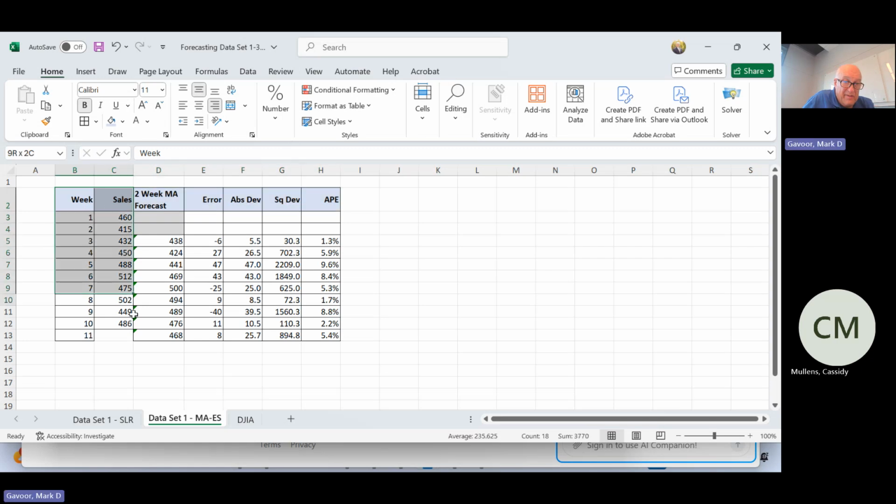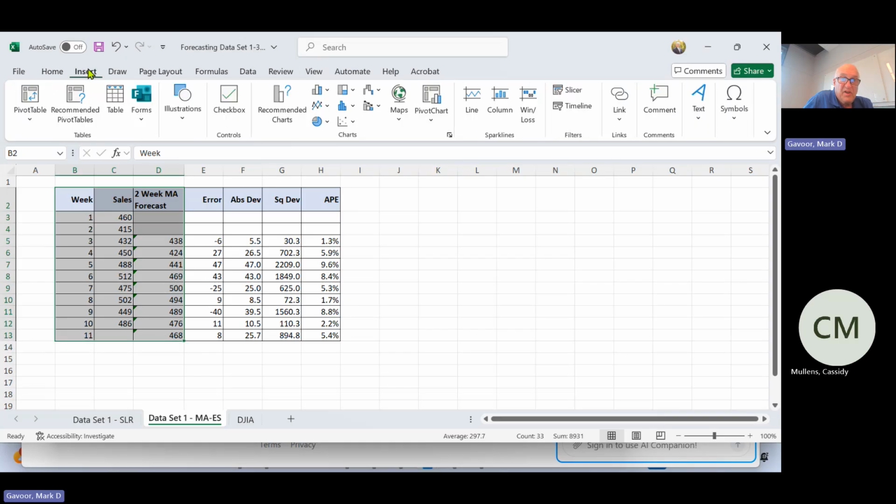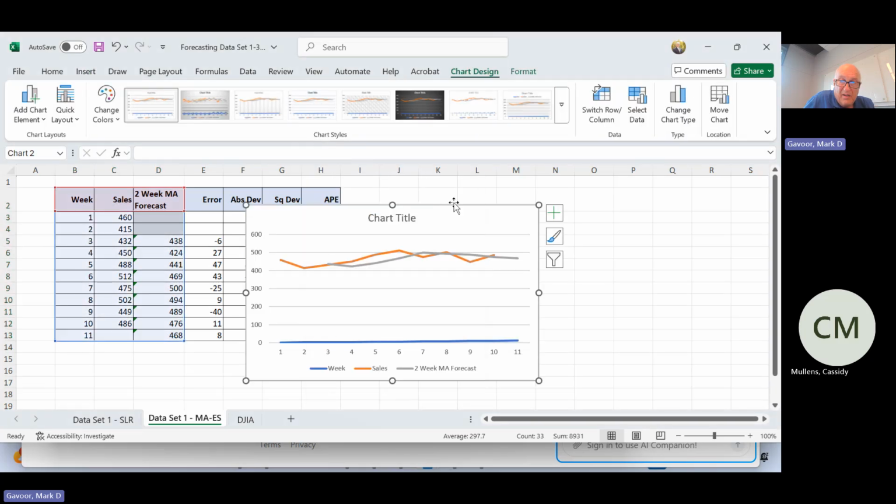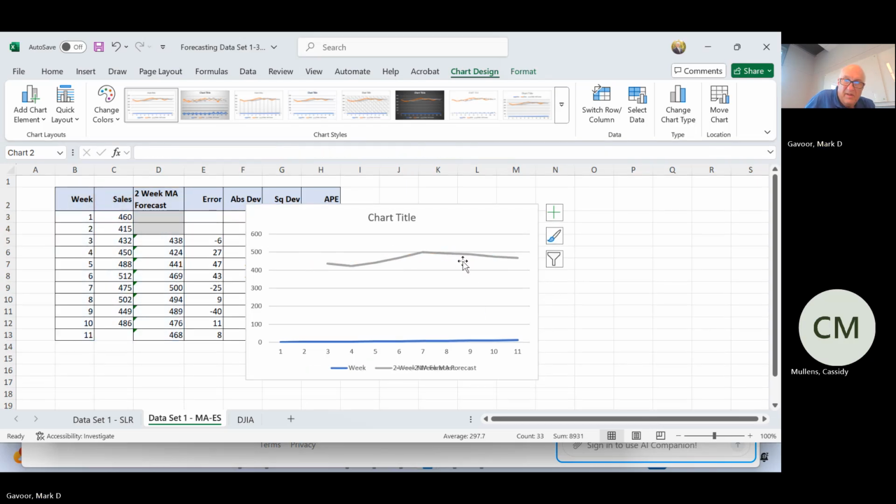What if I want to draw a graph? I would draw week 1 sales and 2-week moving average. I would go here and say insert, and I want a line diagram, and I'm going to put that there. Uh-oh, it still has that. I don't want that. Well, let's get rid of the whole thing.